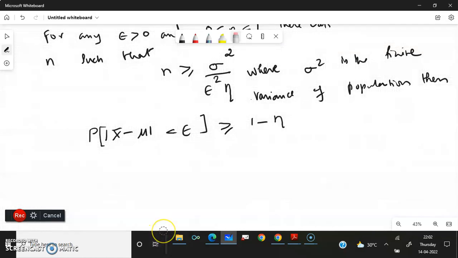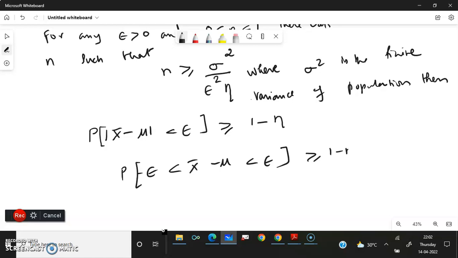So this can be written in terms of the modulus of x bar minus mu, mathematically as minus epsilon lesser than x bar minus mu lesser than epsilon, with probability at least 1 minus eta. We know that modulus of x lesser than a means minus a lesser than x lesser than a.